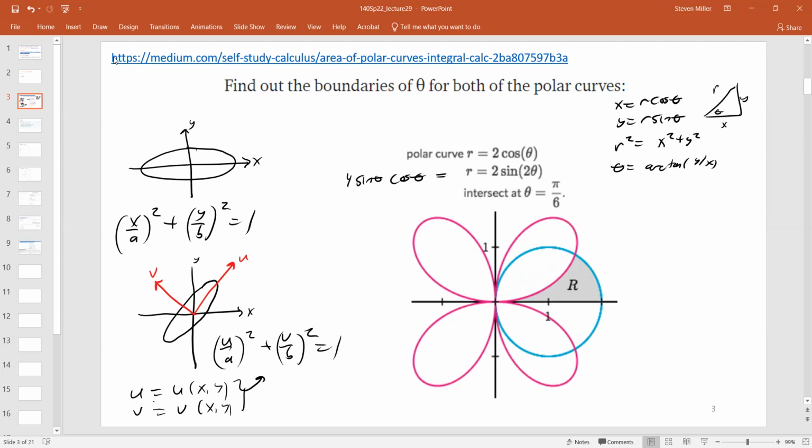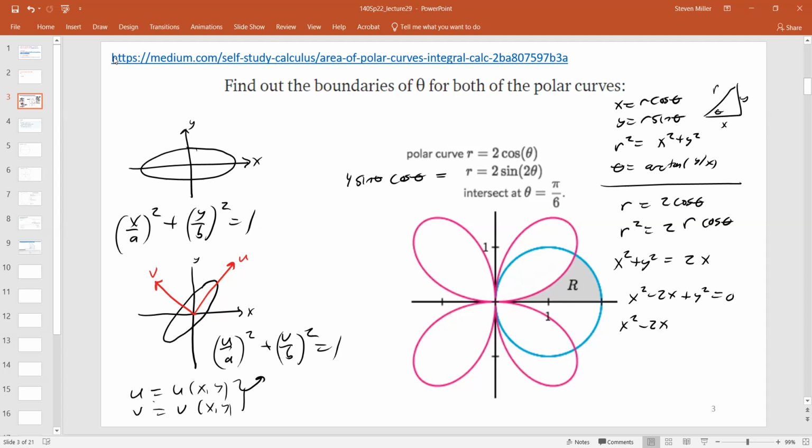So if I give you r equals 2 cosine theta, this is the same as r squared equals 2r cosine theta. But what is r cosine theta equal? x. So this is the same as r squared, which is just x squared plus y squared, equals 2x. So this is the same as x squared minus 2x plus y squared equals 0.